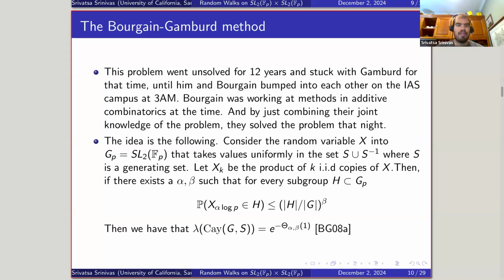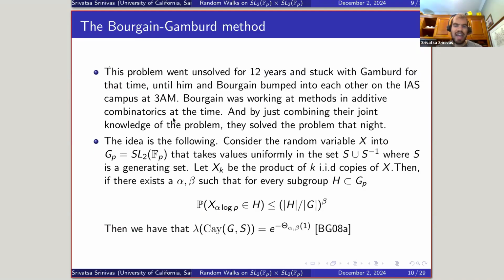So, okay, I believe that this quote, sorry, I should have replaced this with the verbatim quote from Gamburd's eulogy of Bourgain. Sorry, this is a vestige of the old talk I gave. But Gamburd and Bourgain were working on techniques for years on end, and they had a seminar in Princeton at IAS.